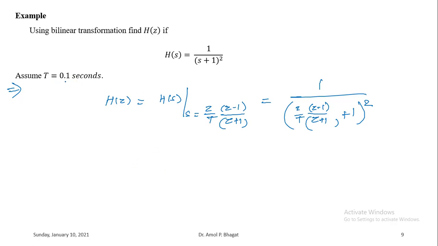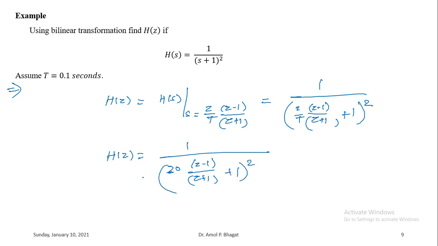In place of T, you can substitute 0.1, so H(z) will be 1 upon 20 (z minus 1)/(z plus 1) plus 1, whole square, as 2 by 0.1 is 20. If I simplify it, H(z) equals (z plus 1) whole square in the numerator, then 20z minus 20 and z plus 1 will be 21z minus 19, whole square.